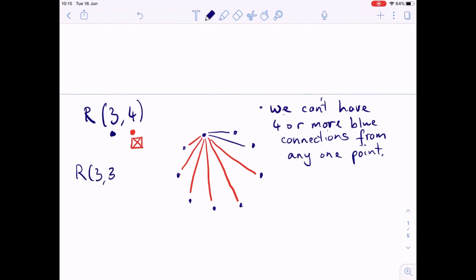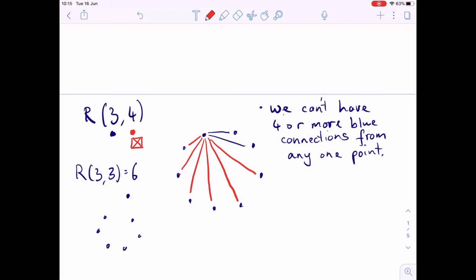Because we know the Ramsey number for 3 is 6, I can now look at these 6 nodes in isolation. Remember, all of these are coming from a separate node, and all of those colourings are red. Now there might be 7 if there's even fewer blue connections, but there'll be at least 6.